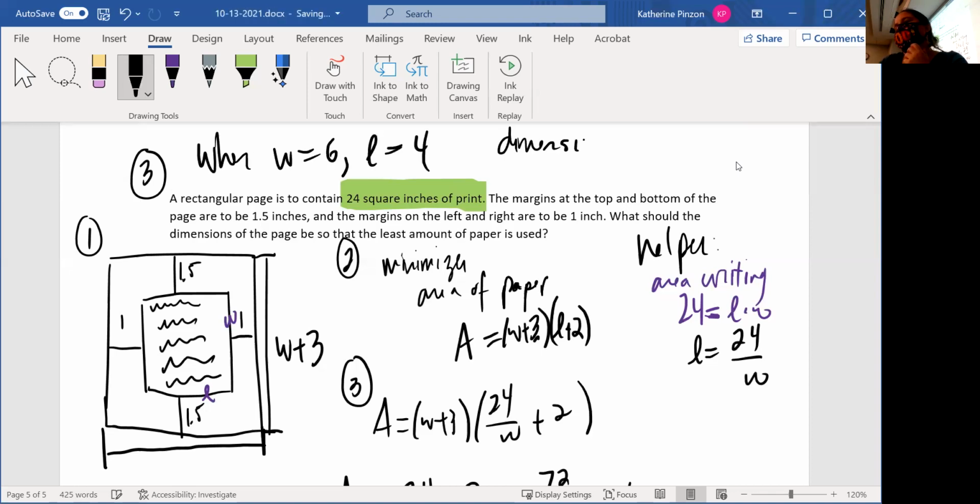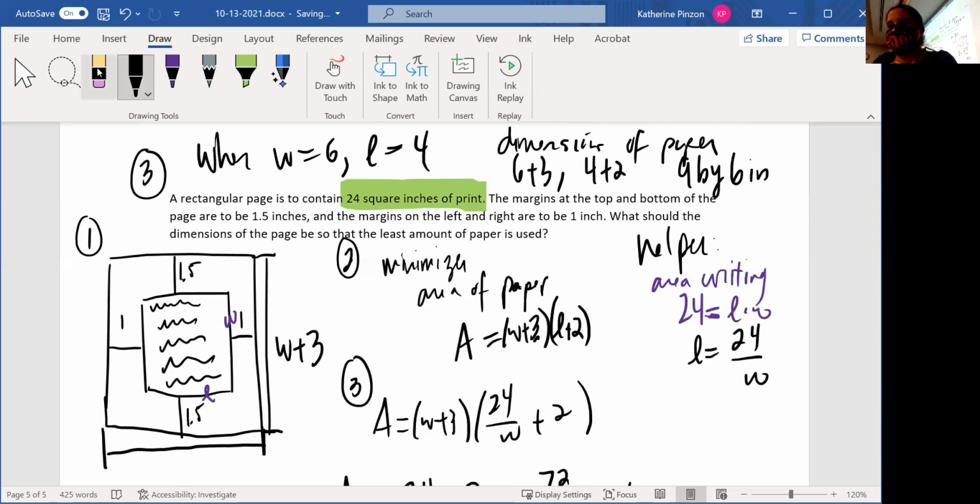So the dimensions of the paper are 6 plus 3 and 4 plus 2. 9 by 6. 9 inches by 6 inches. So even if the solving is easy, you got to think a lot, right? You got to do a lot of thinking about what happens.